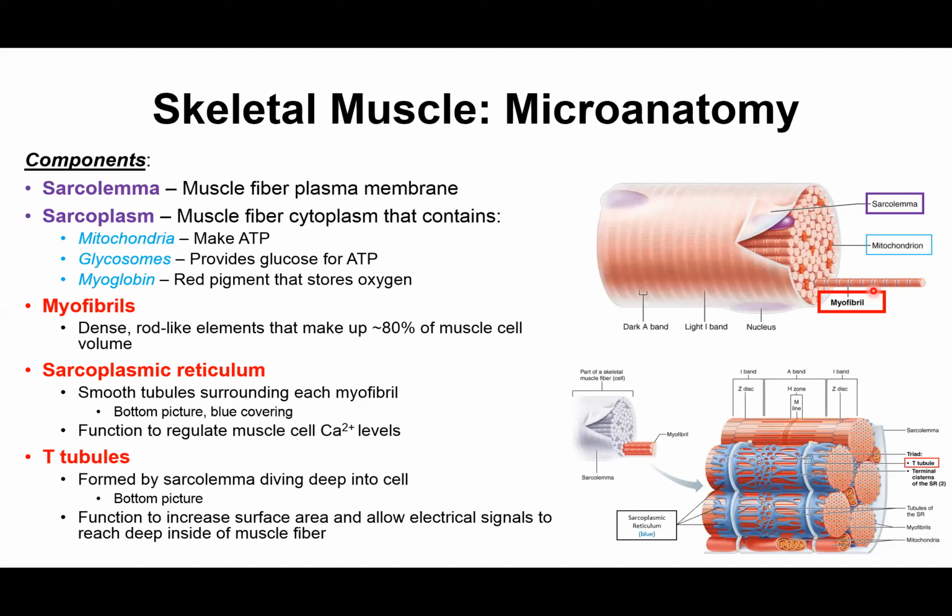These myofibrils have a little bit of space in between them here and there. And that little bit of space in between them is where you would find things like mitochondria, which makes ATP, which is our major energy source. You would also find glycosomes there, which have the job of supplying glucose to mitochondria for ATP production.